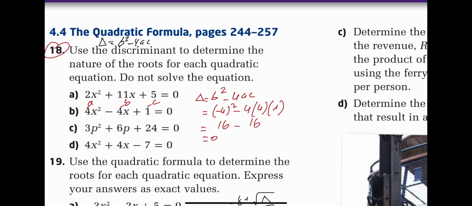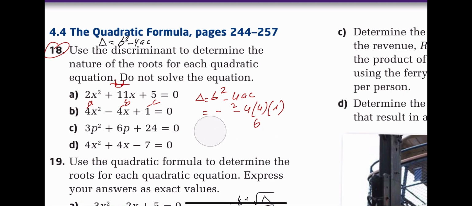Good. So for this example, delta is equal to 0. That means my curve is touching the x-axis in just one point. We have just one solution. For the first one we got two solutions, so my graph was touching the x-axis in 2 points. For the second one, the curve is touching the x-axis in just 1 point.